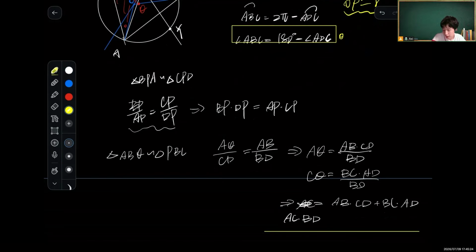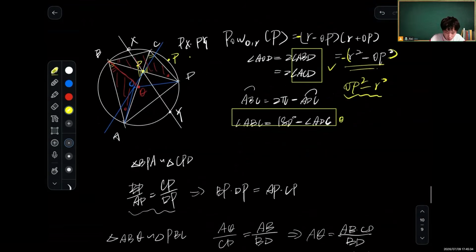What we have here is the famous Ptolemy's theorem. And let's take a look at what this geometrically means. It is saying that when you multiply AB by CD, the opposite side lengths, plus BC multiplied by AD, it is exactly equal to AC multiplied by BD, which is a really useful expression for the diagonals in the cyclic quadrilateral.